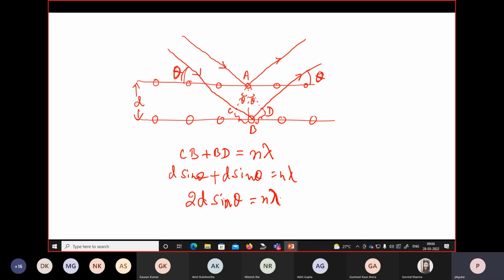Now in XRD, in the actual equipment, what happens is we have an X-ray, this is my sample, and I have a detector.